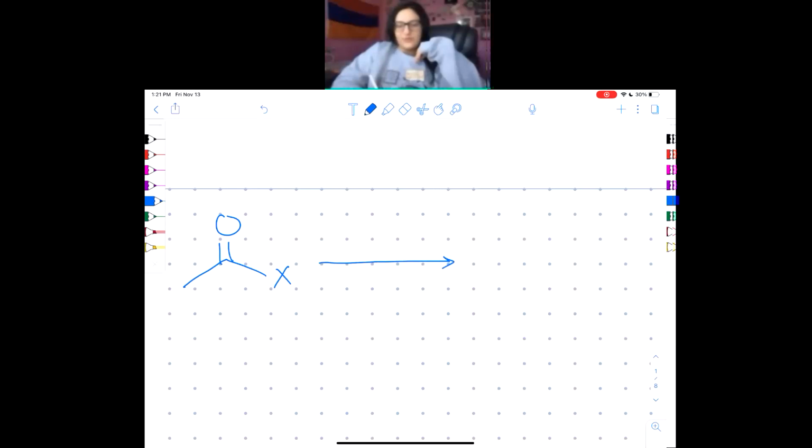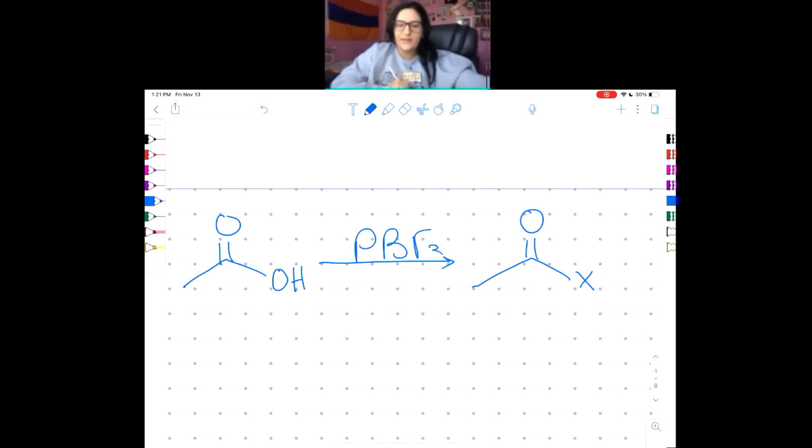The only way you can make an acid halide is when you start with a carboxylic acid and you use one of those lovely reagents we did in chapter 11 or 12, such as PBr3, PCl5, and that whole group of reagents.